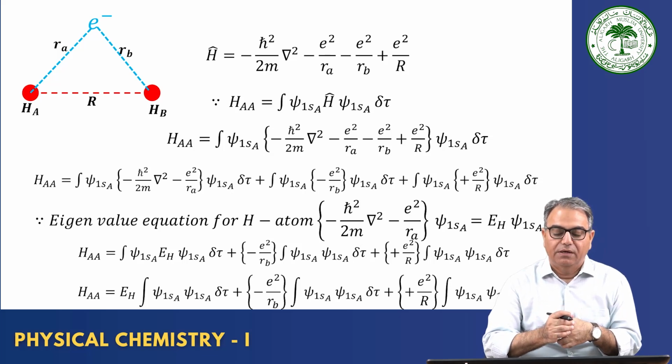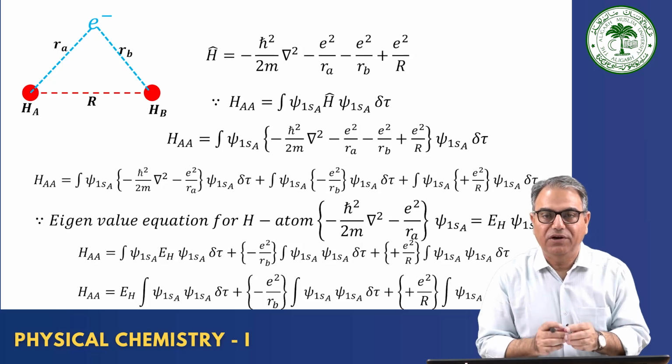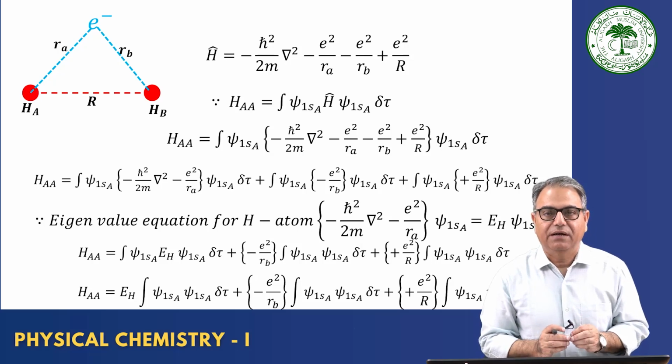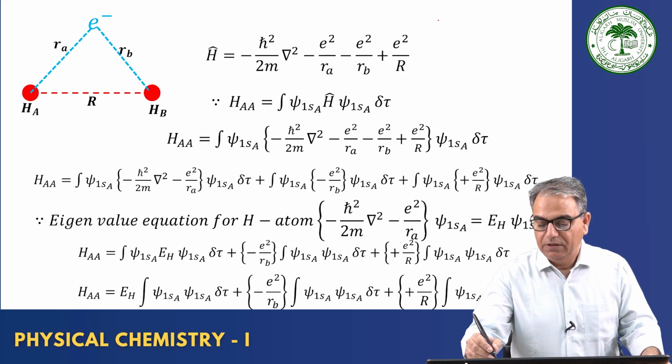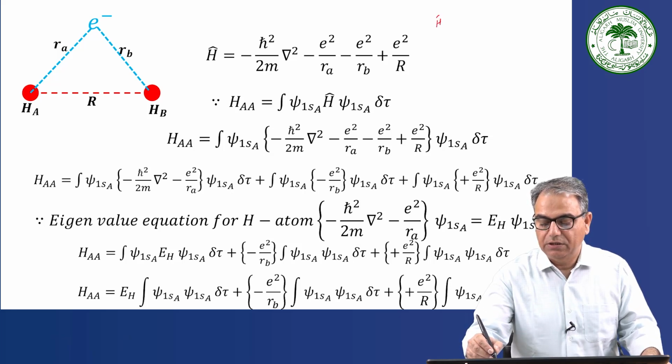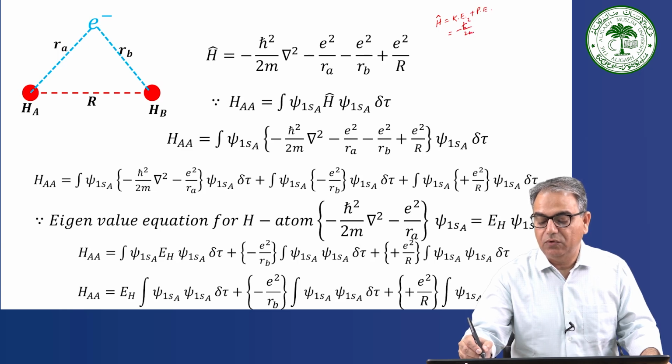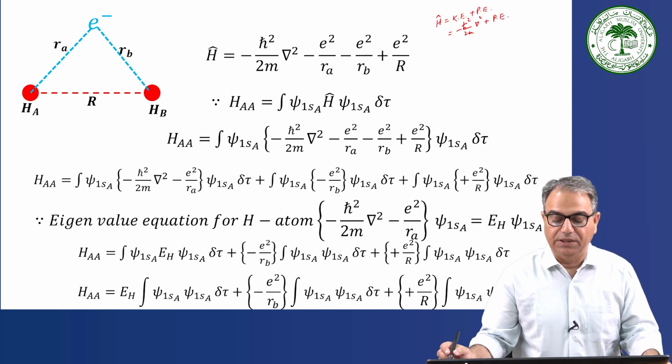Okay. Now, this is the most simplified form of Hamiltonian which I have written here. Otherwise, the Hamiltonian includes a kinetic energy term plus a potential energy term. The kinetic energy term is minus h cross square divided by 2m del square, and then potential energy depends upon the interaction which is taking place.